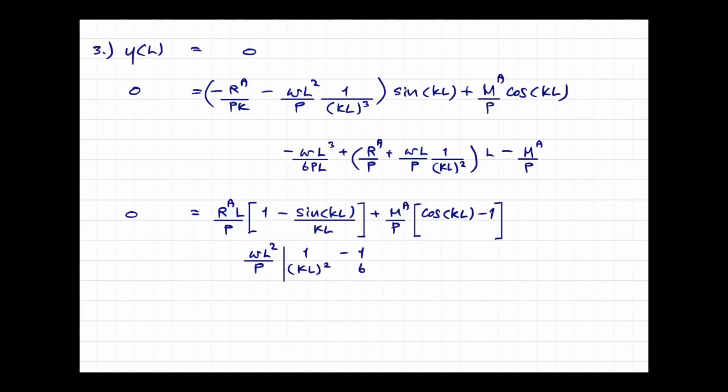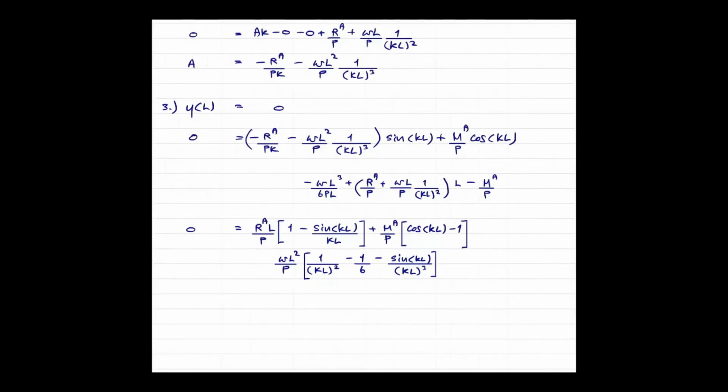The third one minus WL square over P as well, sine KL over KL cube. Okay.